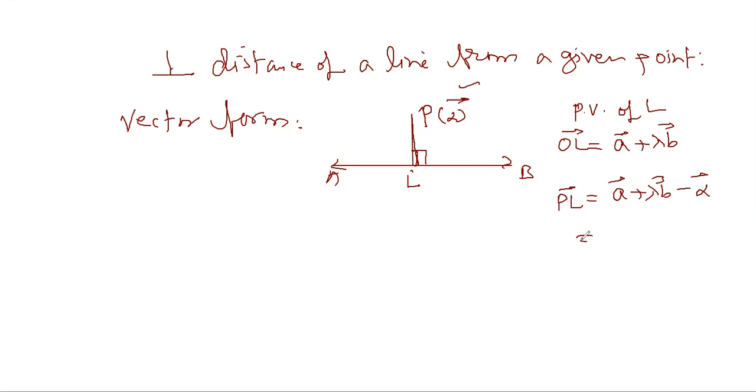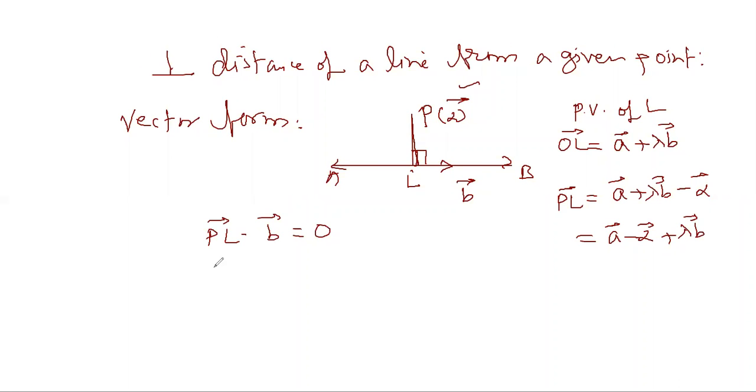So we got A minus alpha plus lambda B. This is vector PL. And this is AB. The vector of AB is vector B. So they are perpendicular to each other. Therefore, we can say that PL dot vector B will be equal to 0.